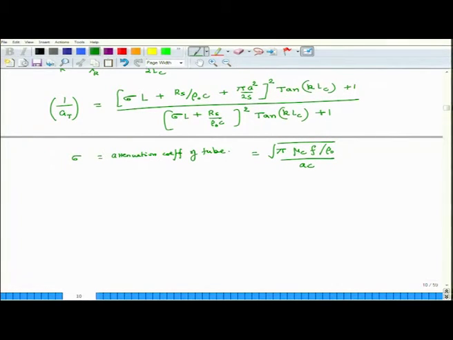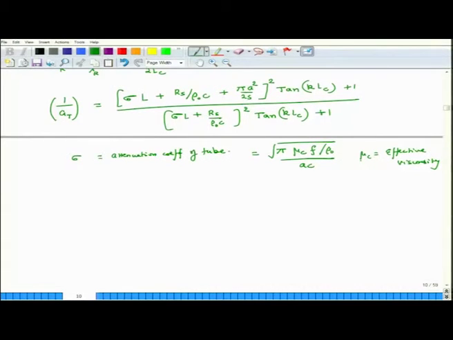So, A is the radius of the tube, rho naught is density of air, f is the frequency of interest, mu c is effective viscosity. So, if air is not viscous at all, then the value of sigma will be 0, because no damping will happen.